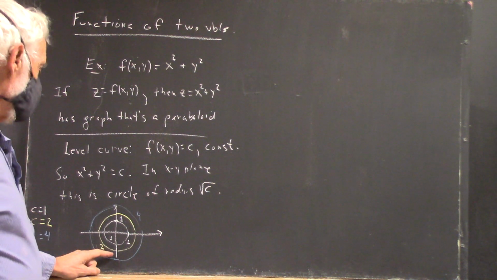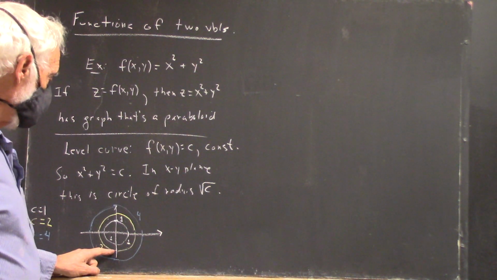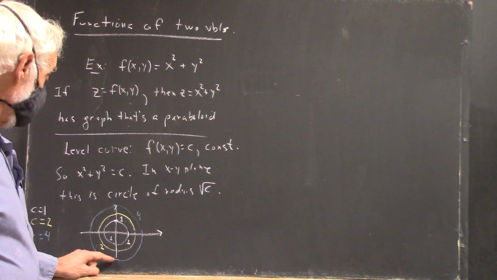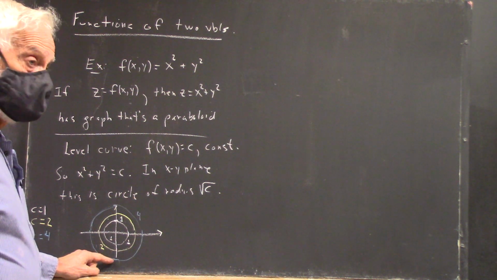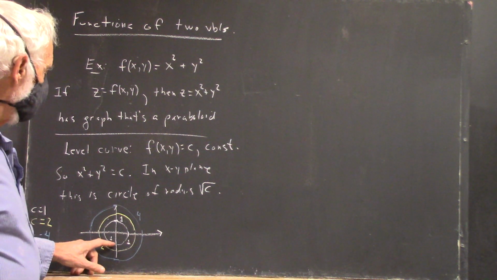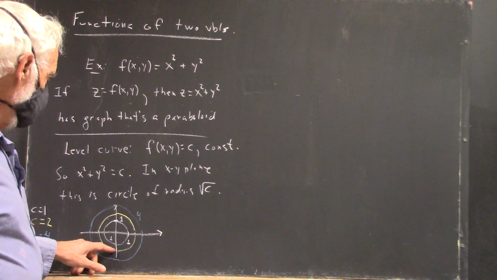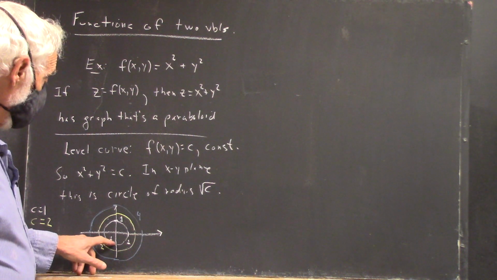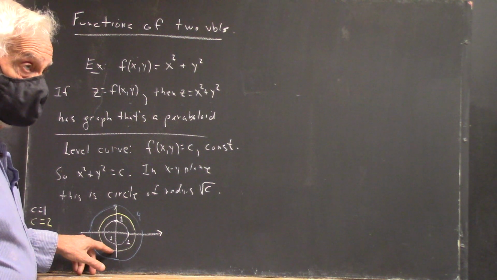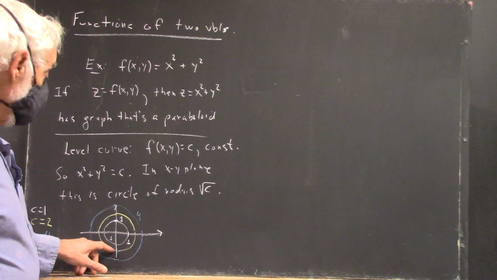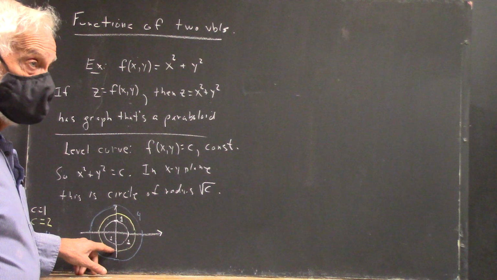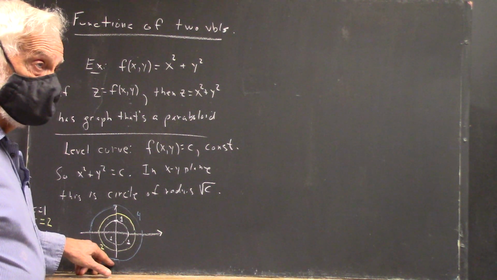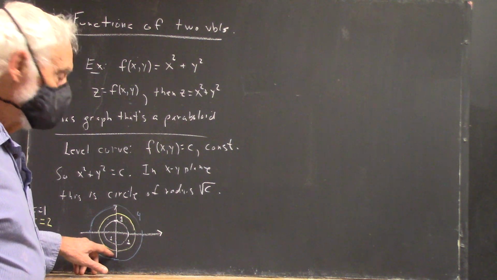So the c equals 3 curve is going to have to be closer to the c equals 2 curve than it is to the c equals 4 curve. The distance from here to here is like 0.4. Twice that distance would be 0.8, which would put us out here. So the distance between these curves is decreasing.